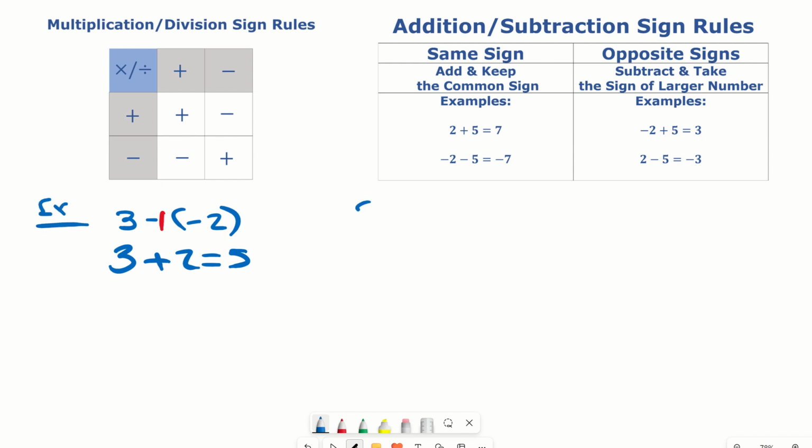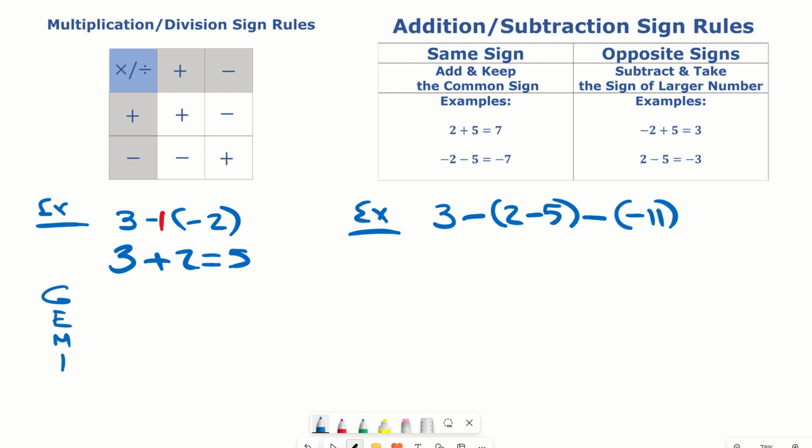Let's take a look at another example. Let's say we have 3 minus 2 minus 5 minus -11, right? So now, according to the order of operations, remember GEMDAS, grouping symbols first, right?